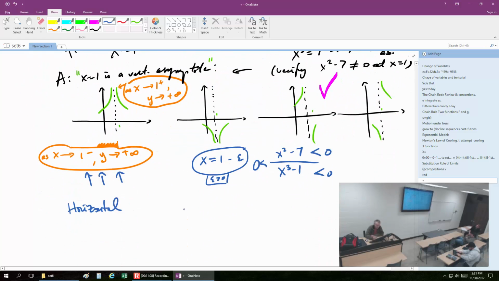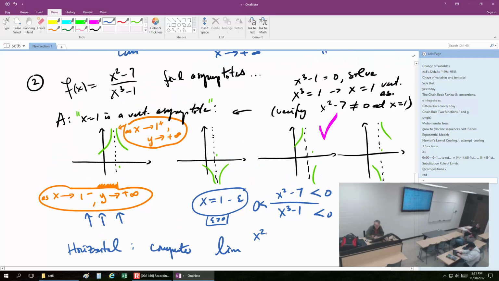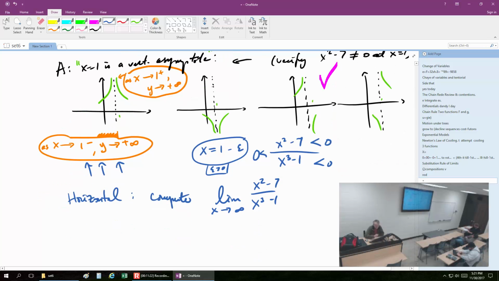In this particular case, how do you find it? Compute the limit. What is our function? x squared minus 7 over x cubed minus 1, with x going to infinity. Frequently, you don't care about which direction; it works out both ways. How do you compute it? Look at the leading coefficients, or more precisely, leading terms.